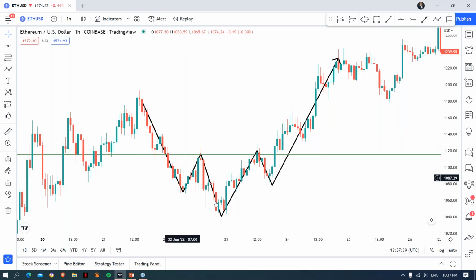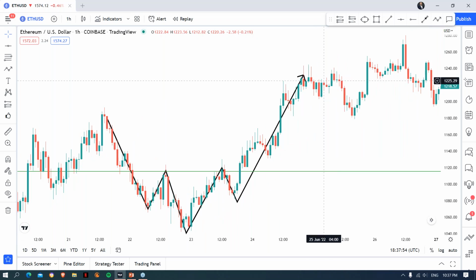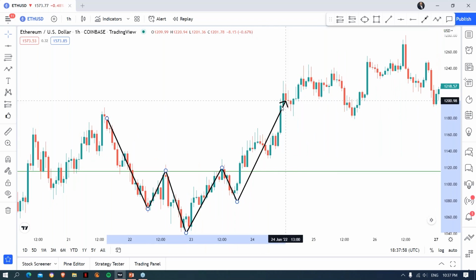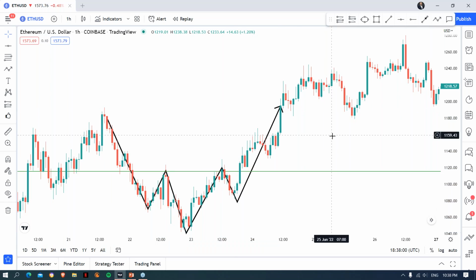You just have to notice the pattern, and your entry point will be around 1128, where you ride the wave until it reaches like 1200 basically. See, it continued up, but the pattern was successful at this point exactly here. This is your exit point.